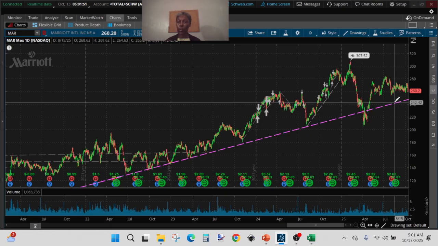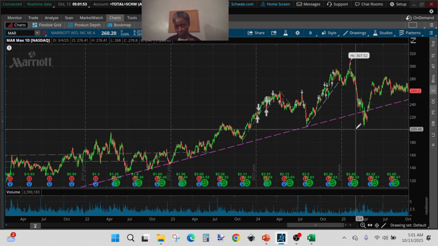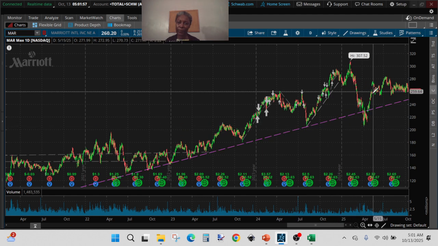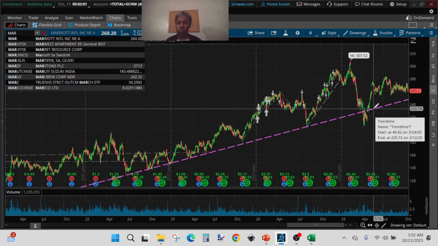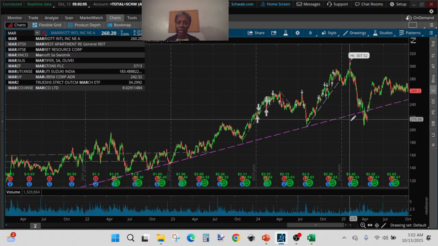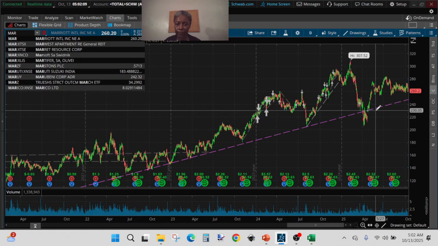Having at least 3 higher lows before you decide is a way to have confirmation that the price is done going down and is ready to start going up.